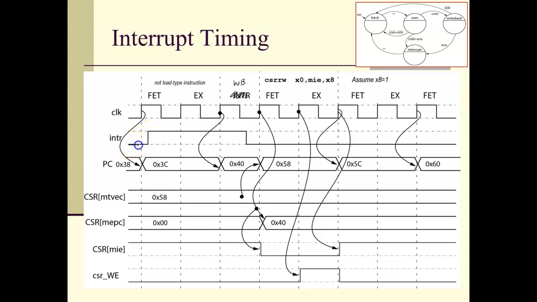So if this interrupt turns on right here, I need that to be present at the end of that write back cycle, which means I have to have it at least up until that point right there. And so you can see very clearly that to guarantee in all situations that I'm going to catch that interrupt, it needs to be 3 clock cycles long.